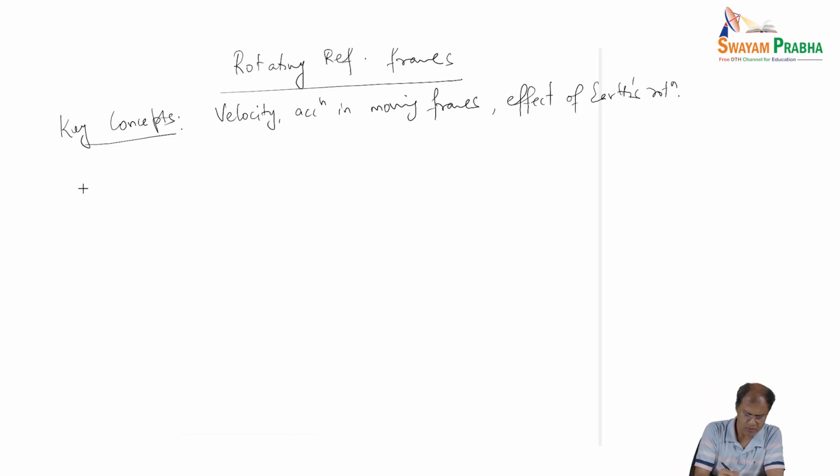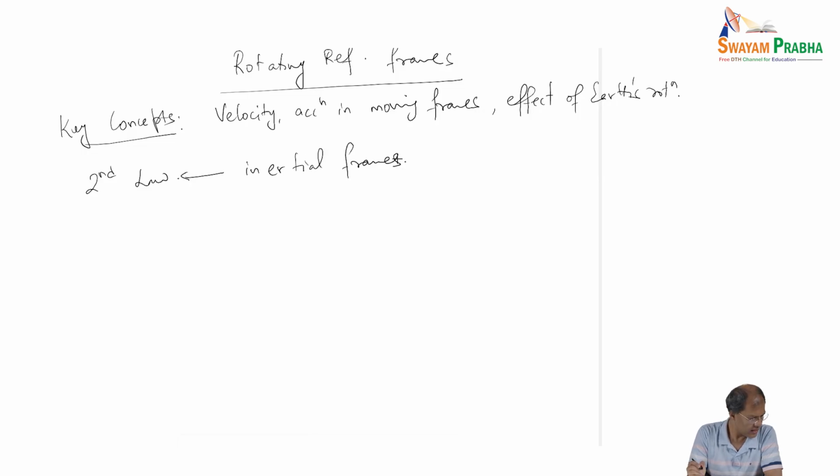So what I just said is that the second law has been related to only inertial frames so far, right? And in kinematics we are now going to look at both fixed frames and moving frames.